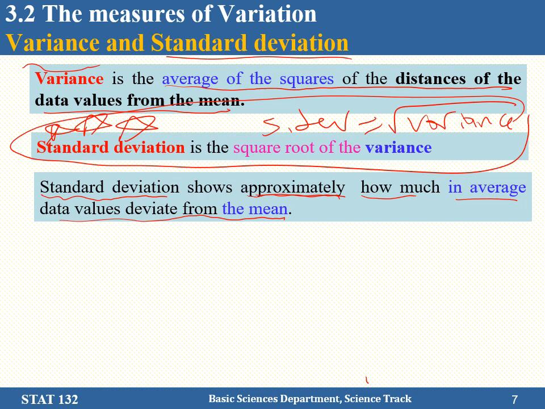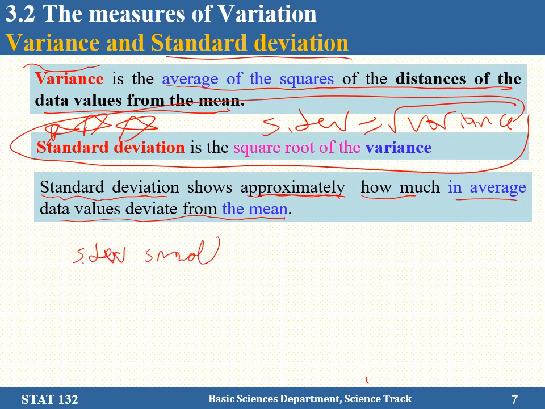Basically, it says, on average, what's the distance? It kind of answers the question: what's the distance of the data values to the mean, on average? So, for example, your standard deviation is very small.